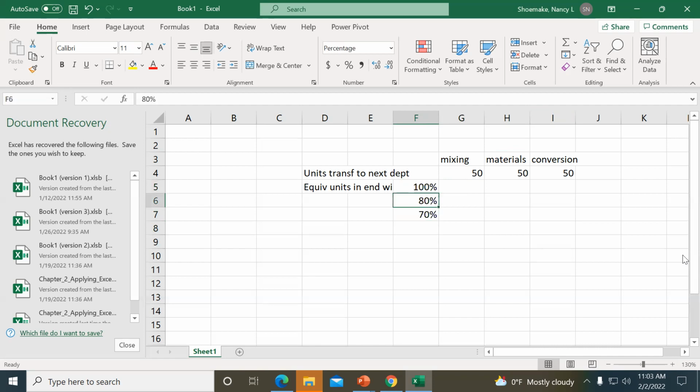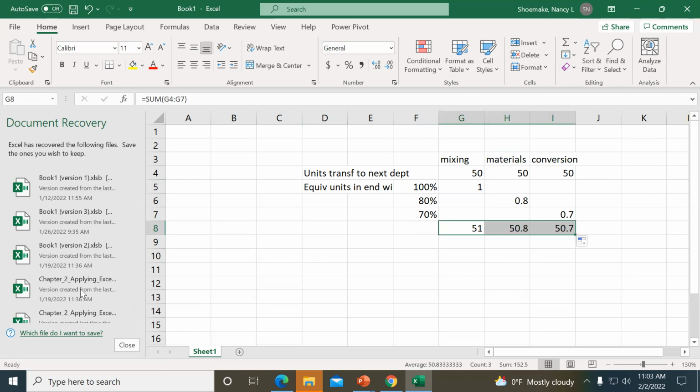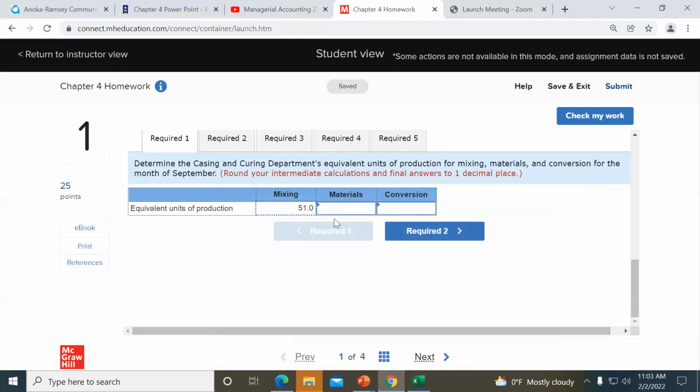So we've got the mixing that was done at 100%. The materials were done at 80%, so that's 0.8. The conversion was done at 70%, so that's 0.7. So shouldn't that be our figures here? 51, and this should be 50.8.